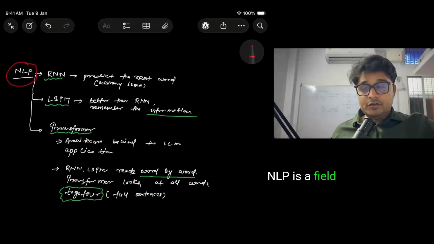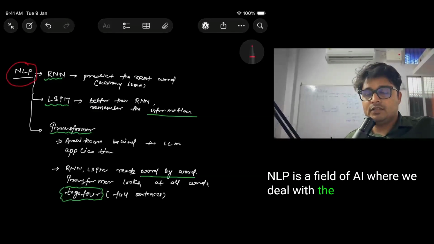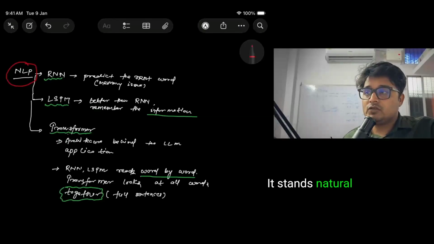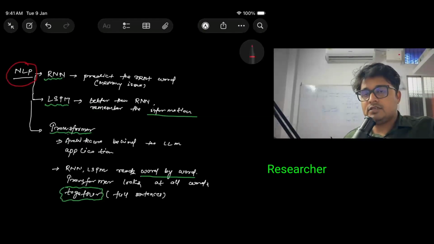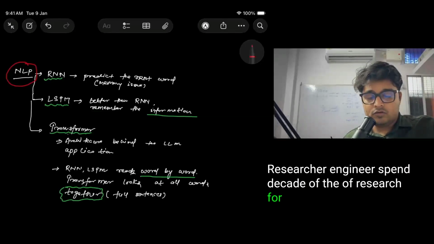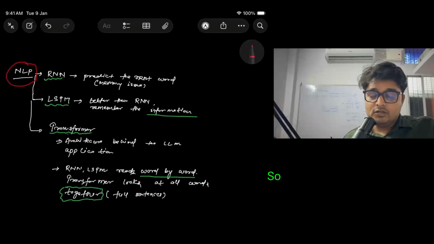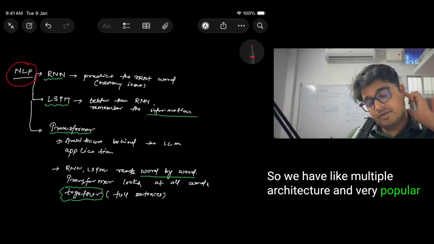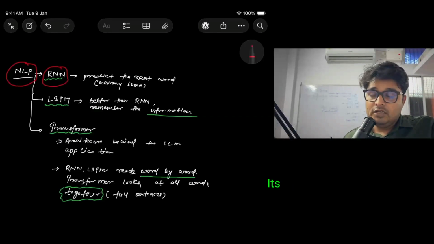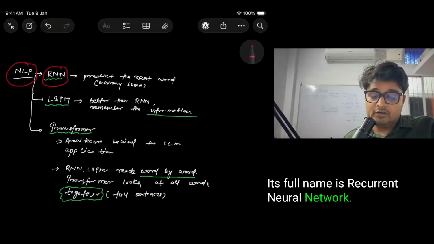NLP is a field of AI where we deal with human or natural language. It stands for natural language processing. Researchers and engineers spent decades of research on understanding natural languages. We have multiple architectures, and a very popular one in the past is RNN, a deep neural network whose full name is recurrent neural network.